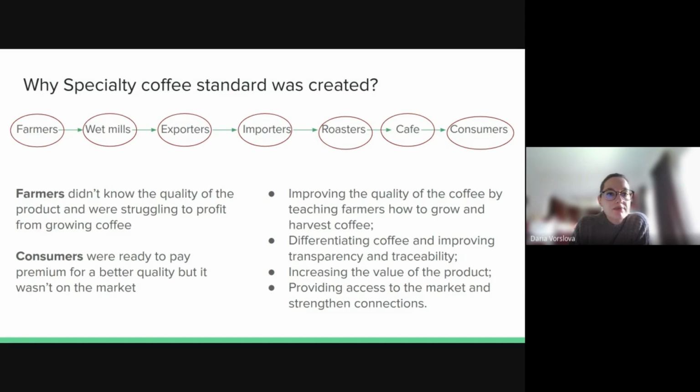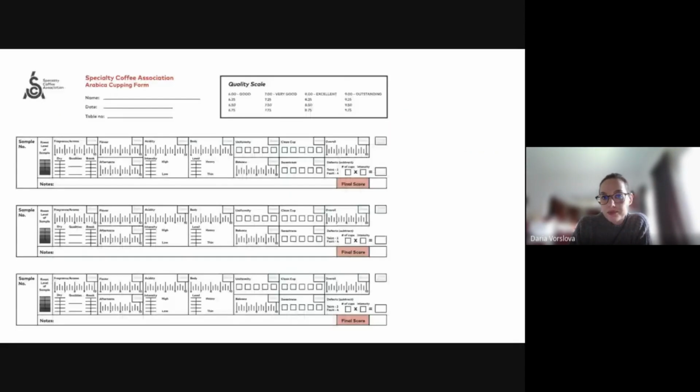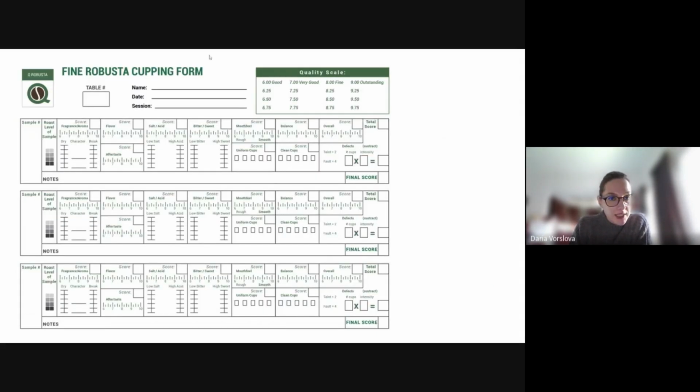We all know how the score sheet looks. This is a score sheet for Arabica coffee, but we actually have a score sheet for Robusta as well.